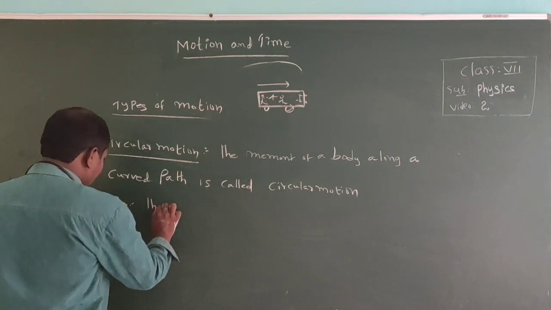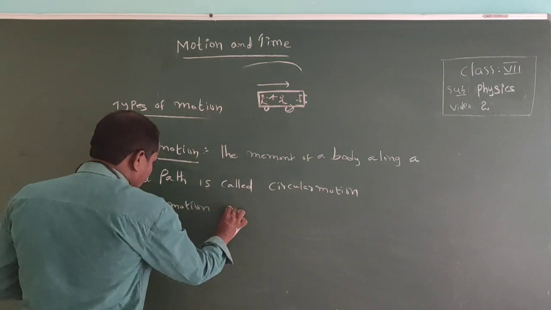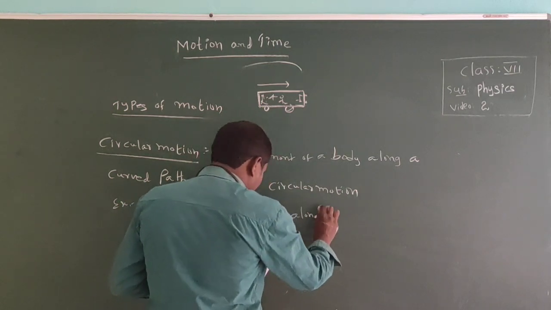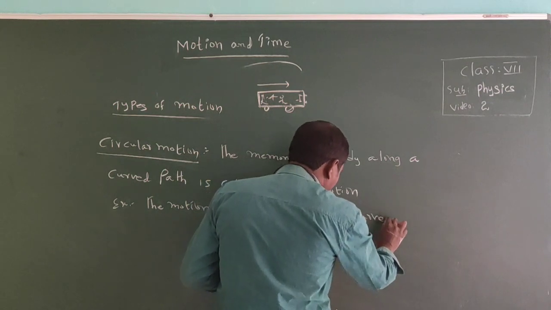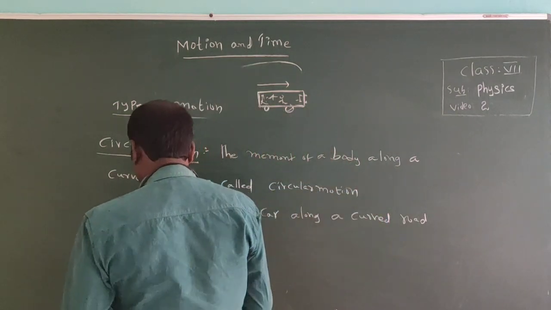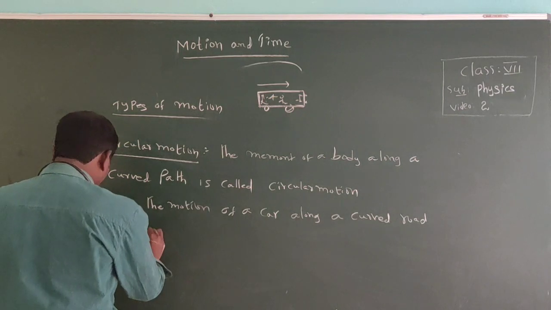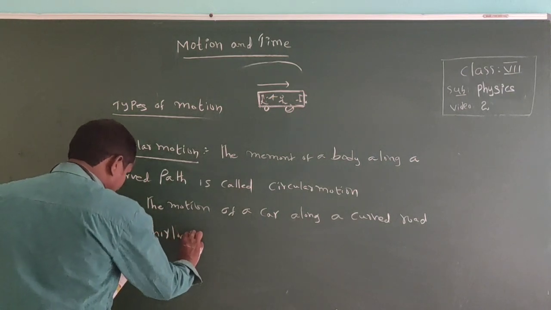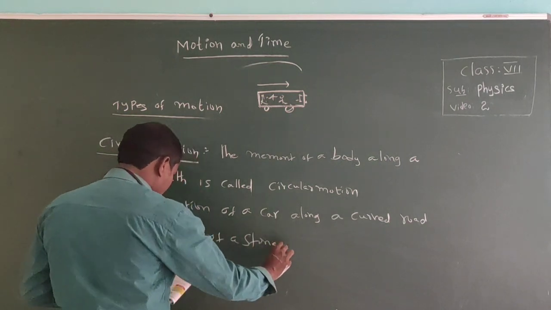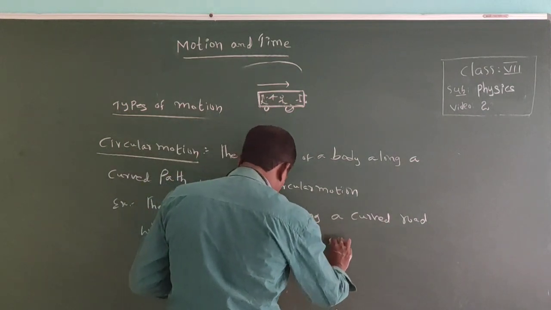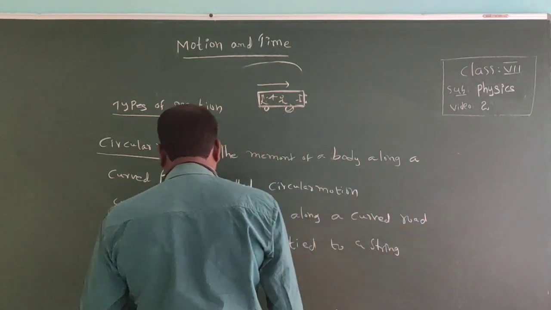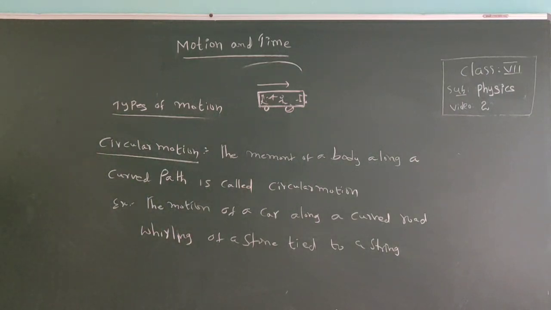The motion of a car along a curved road is an example of circular motion.